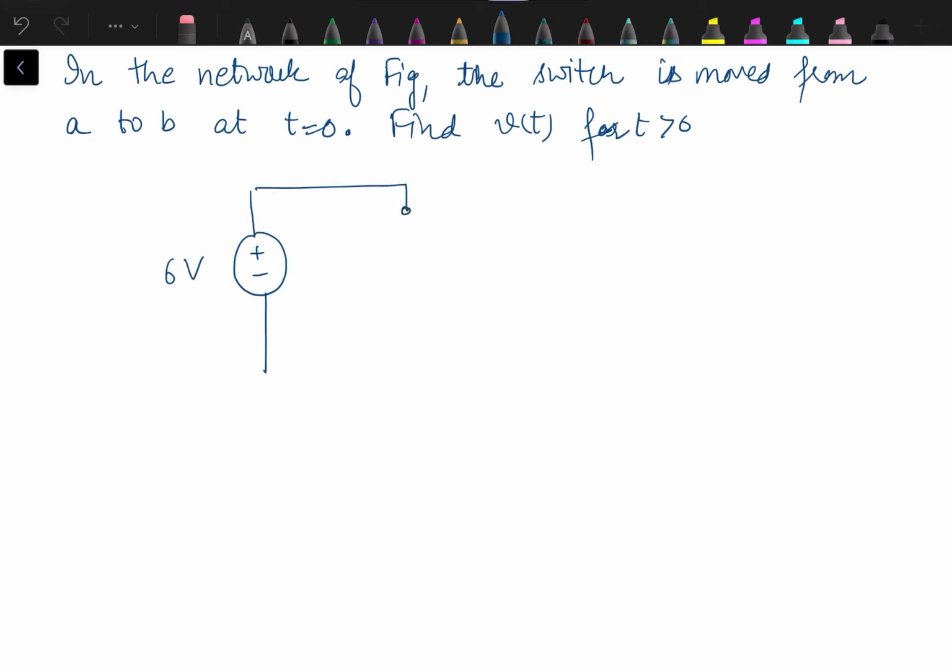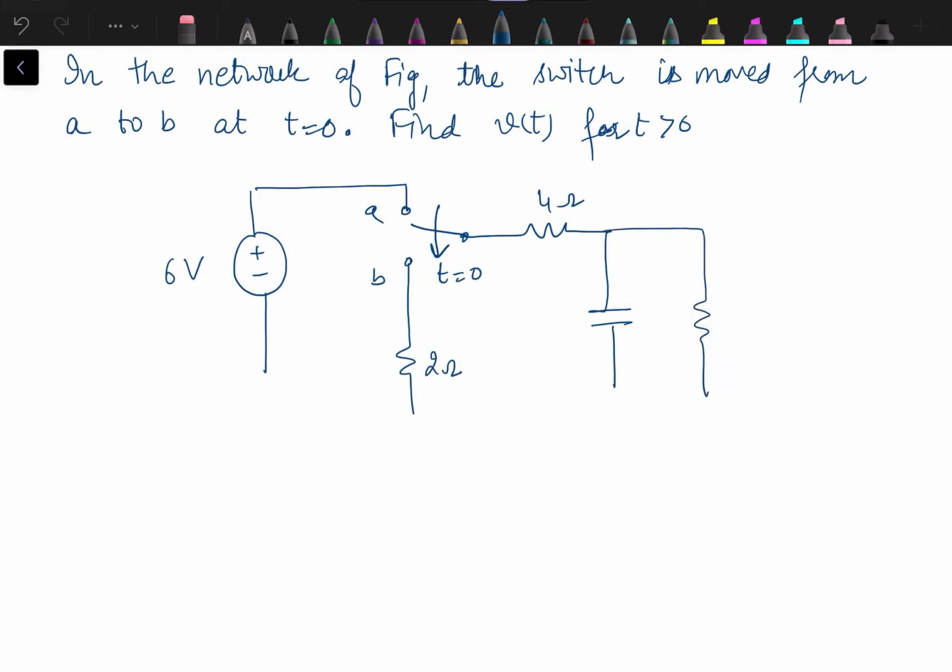We have two positions A and B, and the switch is moved from A to B at t equal to 0. So this is voltage Vt.